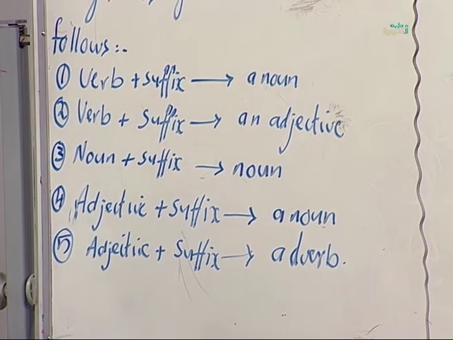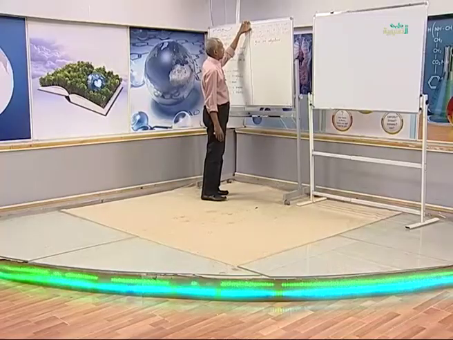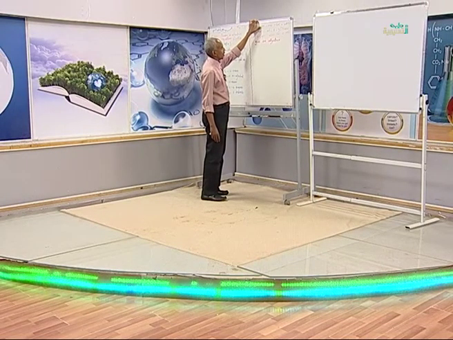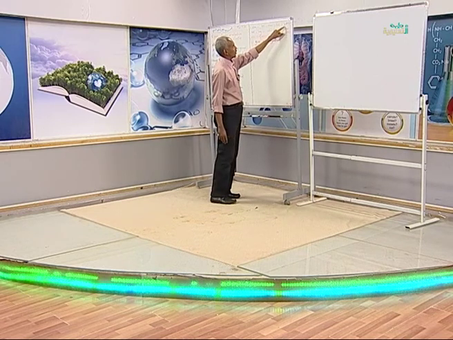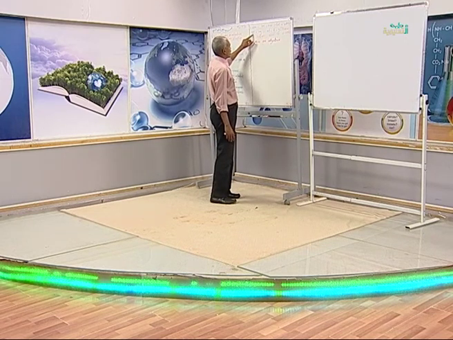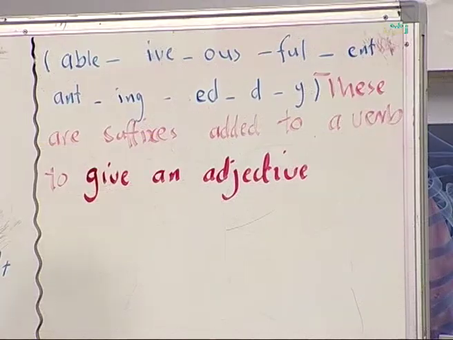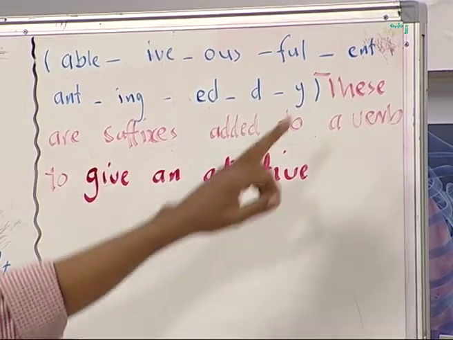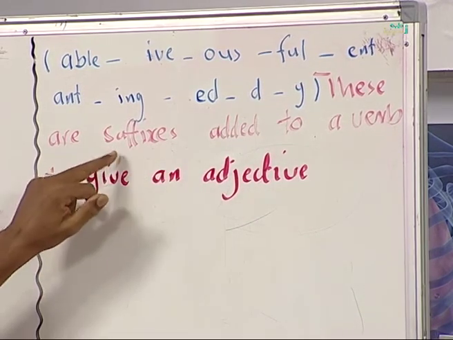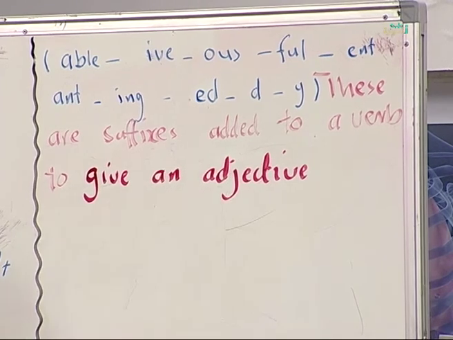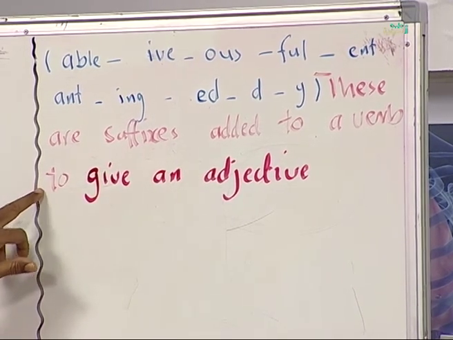Here we have some suffixes, as you see: able, ive, ous, ful, ent, ant, ing, ed, d, and y. What are these? These are suffixes added to a verb. To give what? To give an adjective.